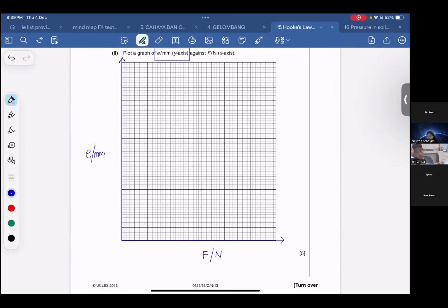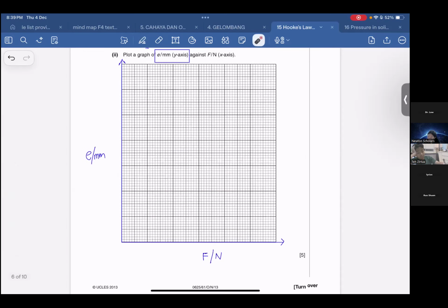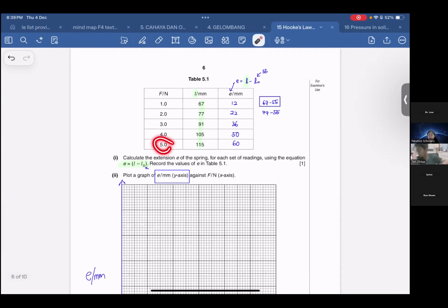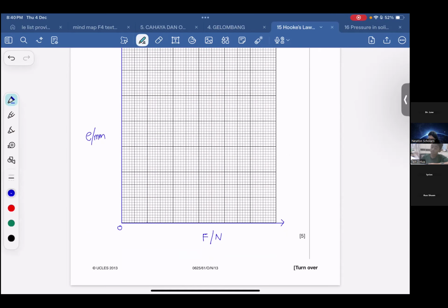Here, continue, scale. So we look at your x-axis first. We look at the force. So the force here, the maximum value is 5. What do you think? What are the scales that I should give? Here is 0. What should I give as the scales so that I can fit the 5 Newton?